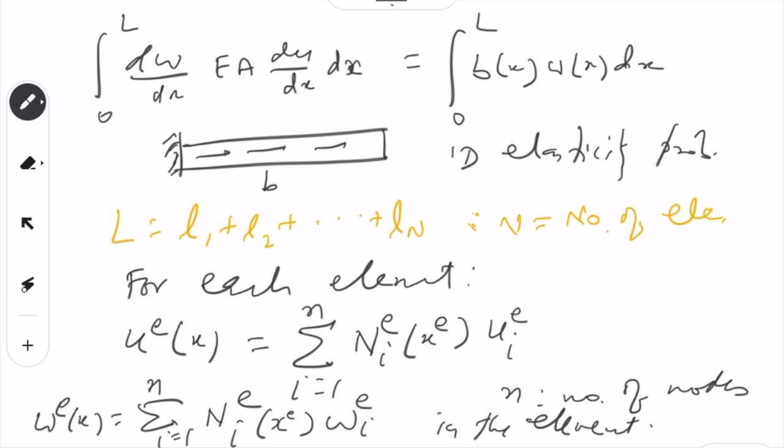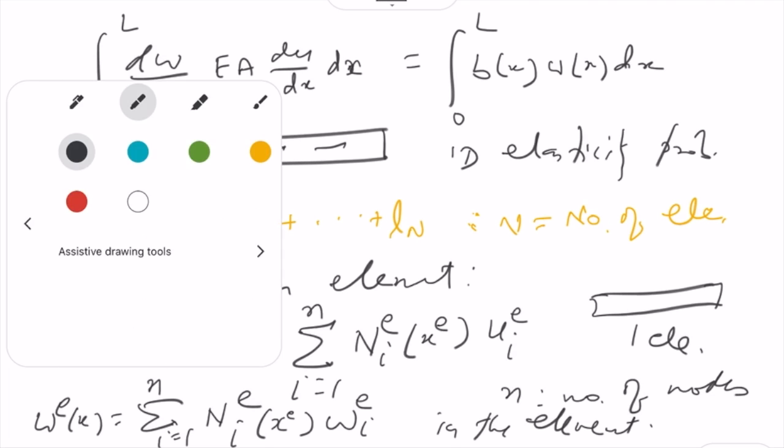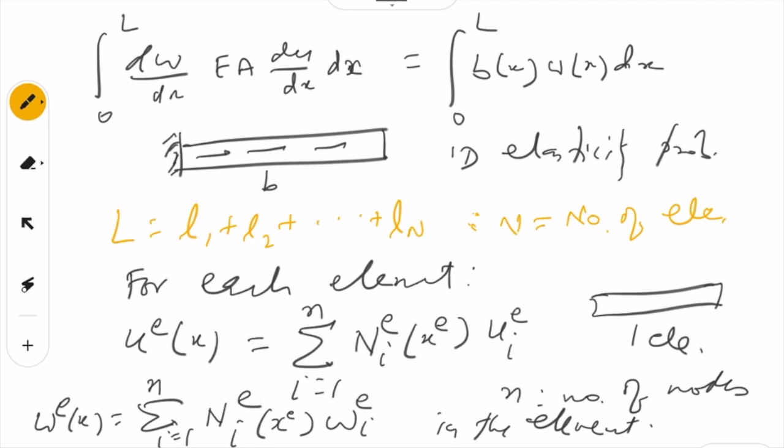So, let us say this is one element, and it will have a number of nodes within it. Let us say it is quadratic, there will be 3 nodes, so n equal to 3. At each node there will be a displacement value.